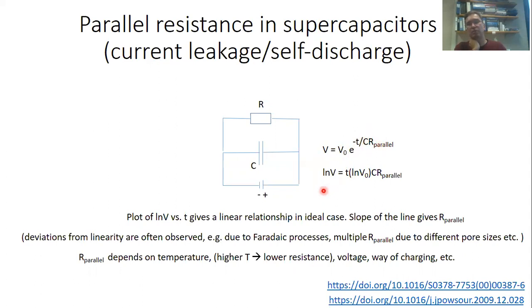We can take the logarithm of that, so ln V is equal to ln V0 minus t over C times R parallel. If you plot ln V versus the time, then you can determine the parallel resistance from the slope of the respective line.